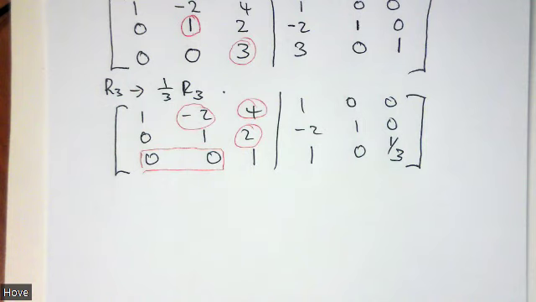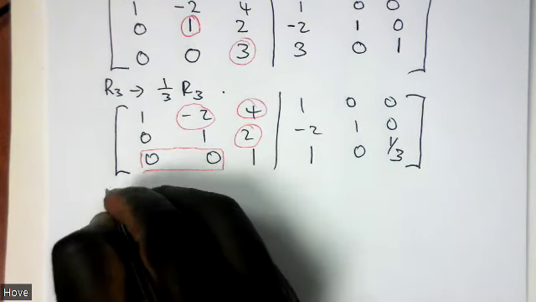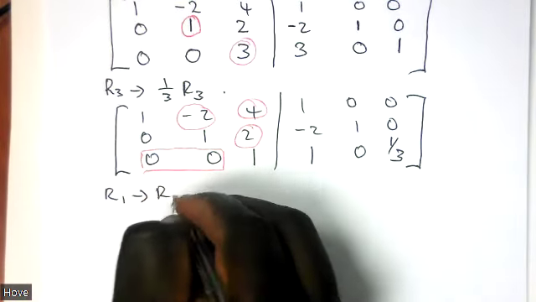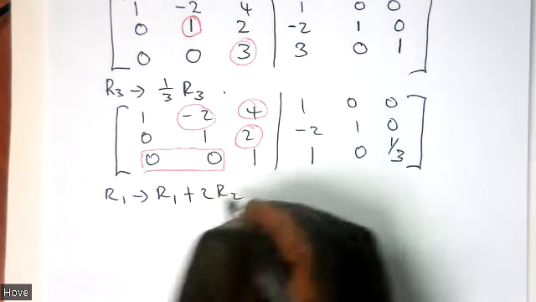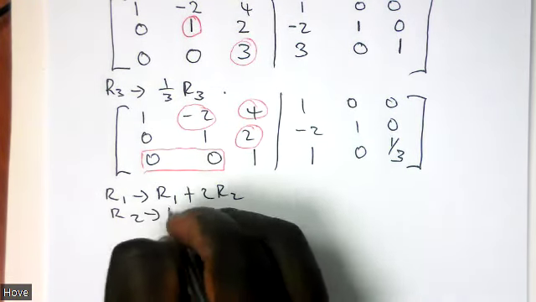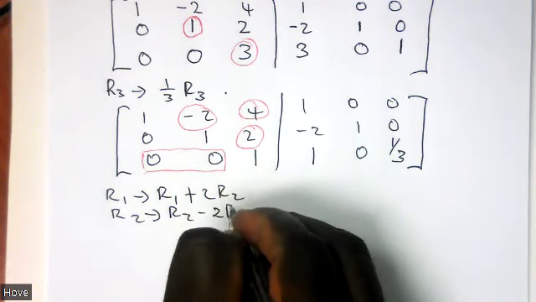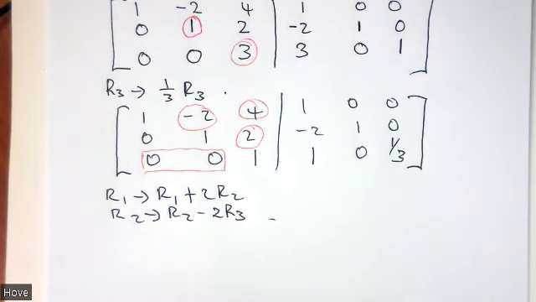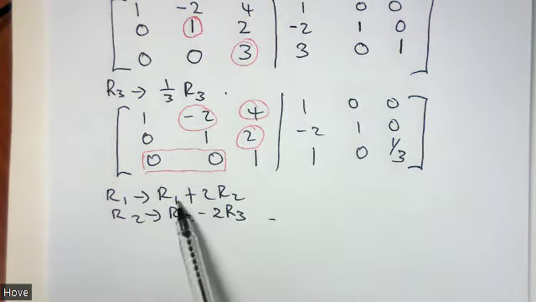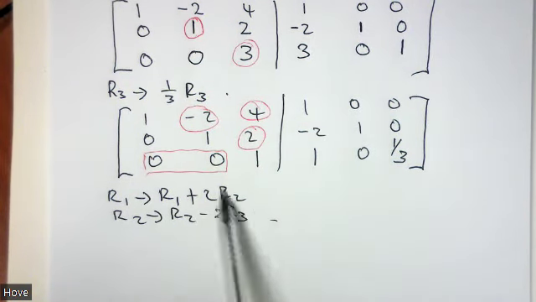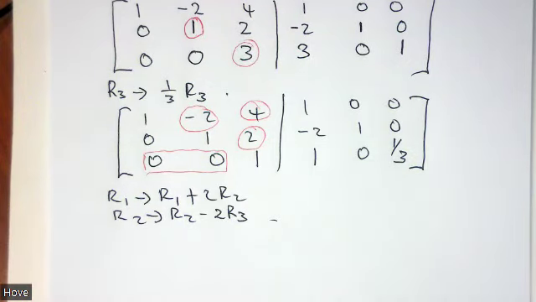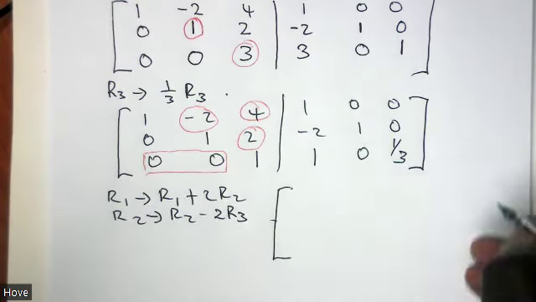So what must I do? Row 1 goes to row 1 plus 2 row 2, and row 2 goes to row 2 minus 2 row 3. You can see that row 1 going to row 1 plus 2 row 2 will create a 0 here. Let me perform the row operation and see what I'm going to have.